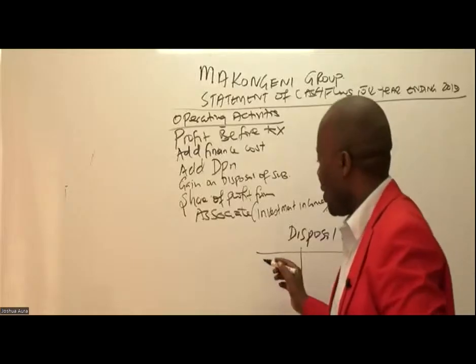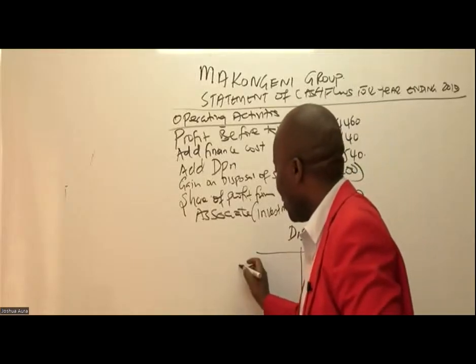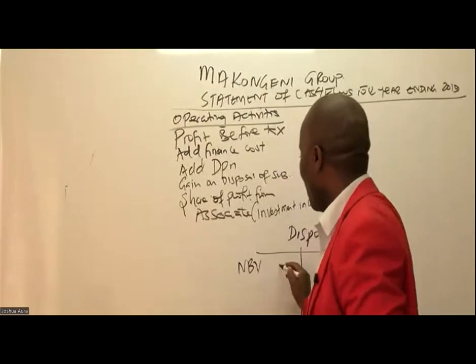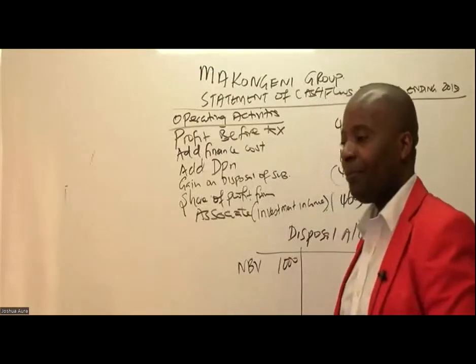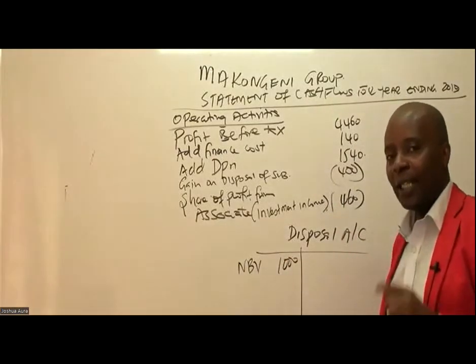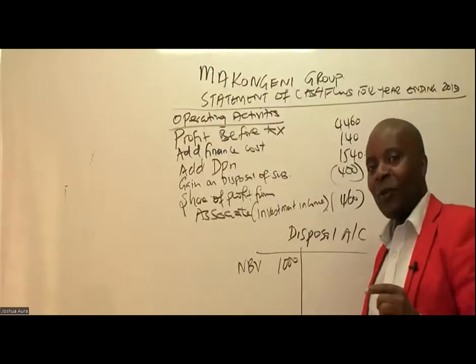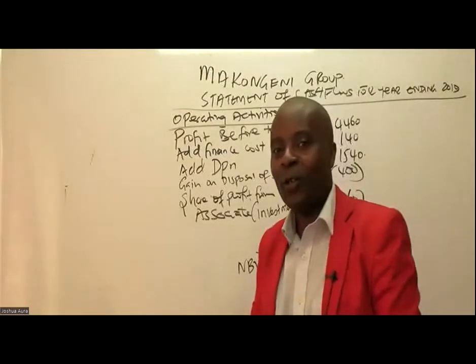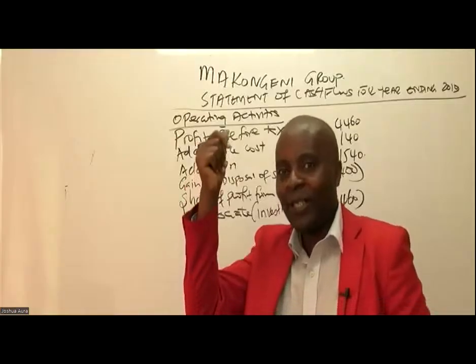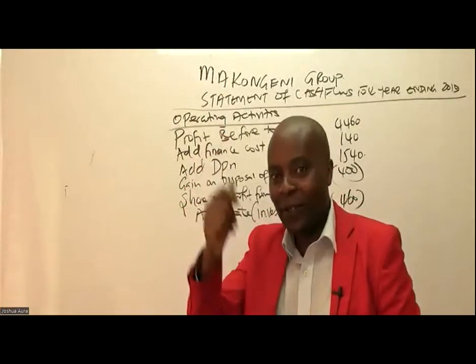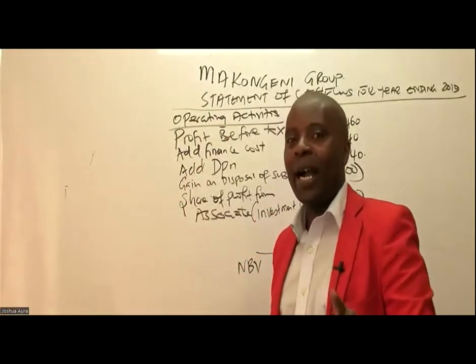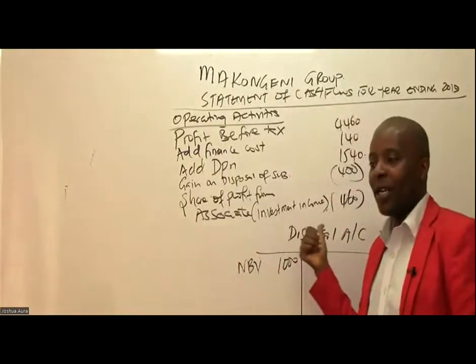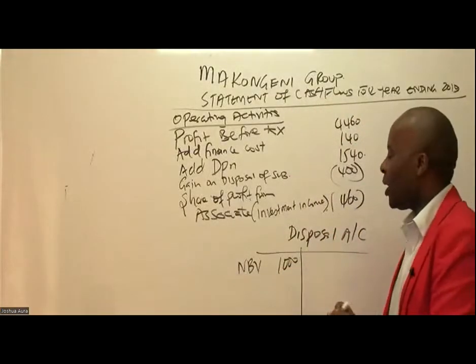We are told here the asset disposed had a net book value of 1,000. When I dispose of this asset, what am I going to get? Money. When I get this money, I debit the bank account and credit the disposals account with the proceeds.